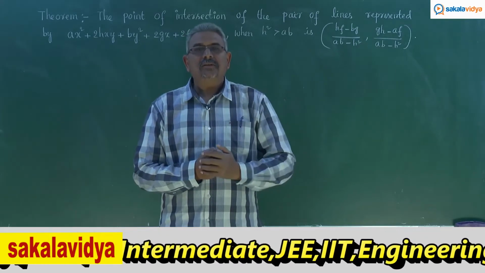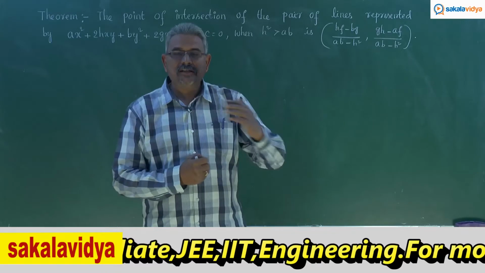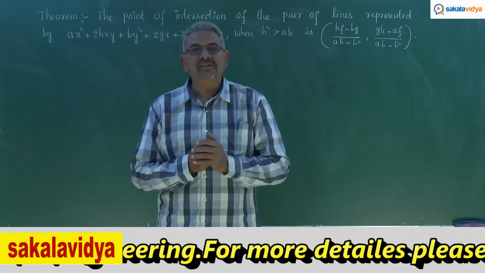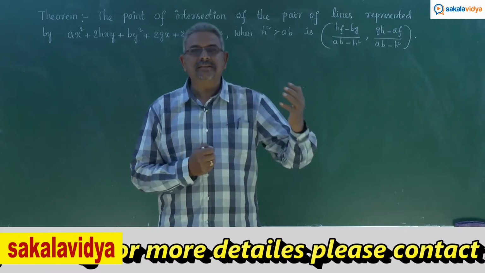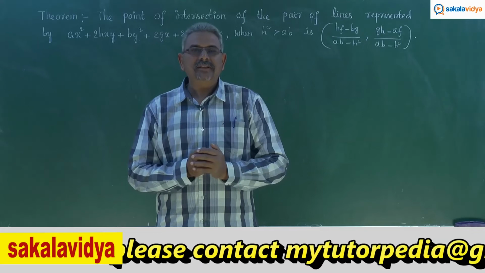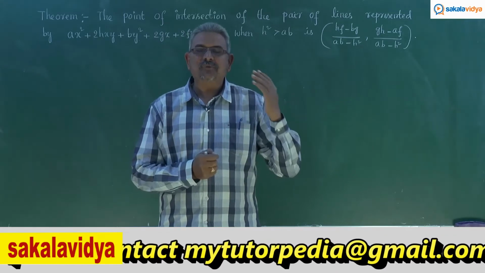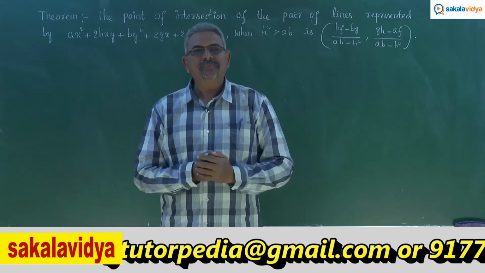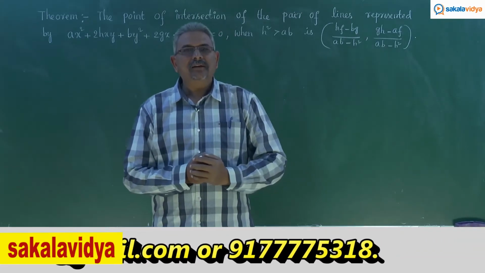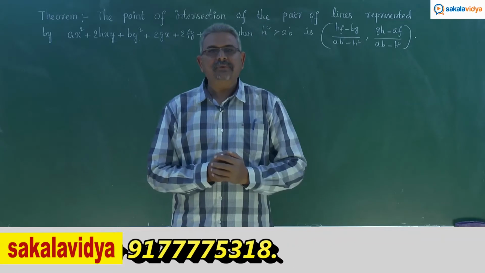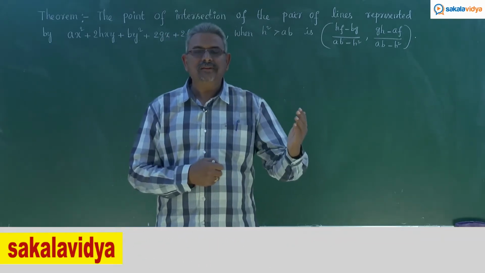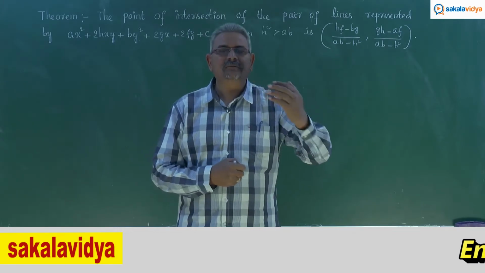Then we need to translate the origin to the point x1 comma y1 without changing the directions of the x and y coordinate axes. So, small x is equal to capital X plus x1, small y is equal to capital Y plus y1. Then we get the transformed equation by substituting small x with capital X plus x1 and small y with capital Y plus y1.